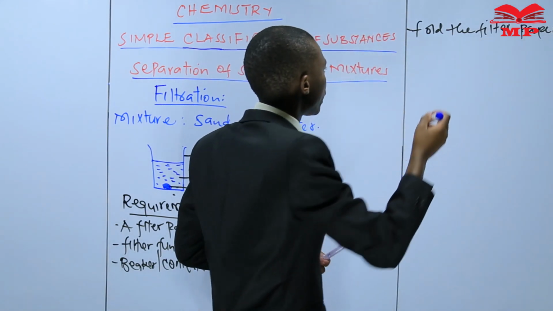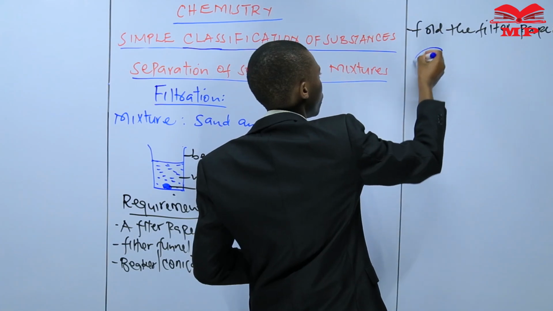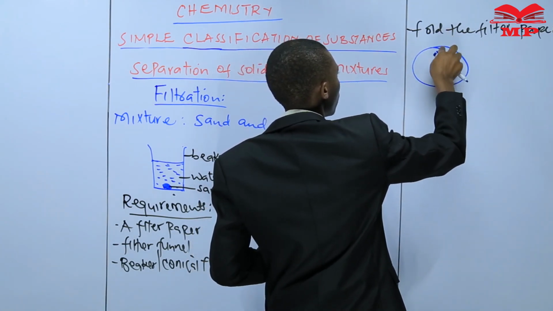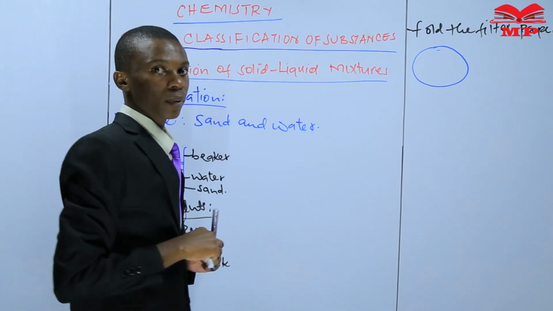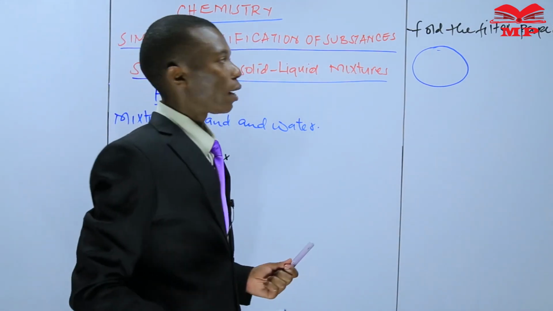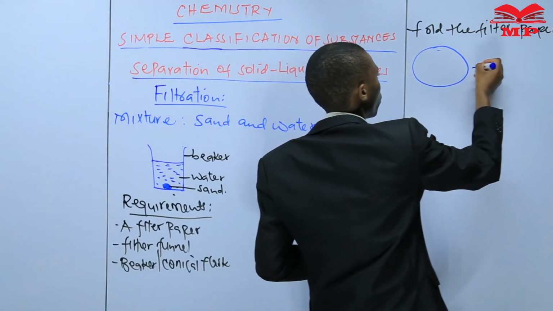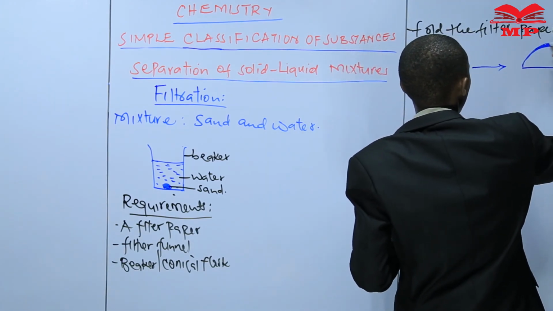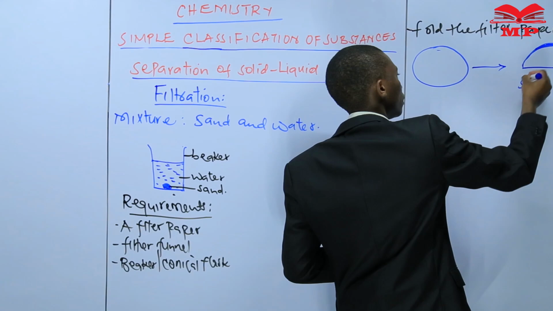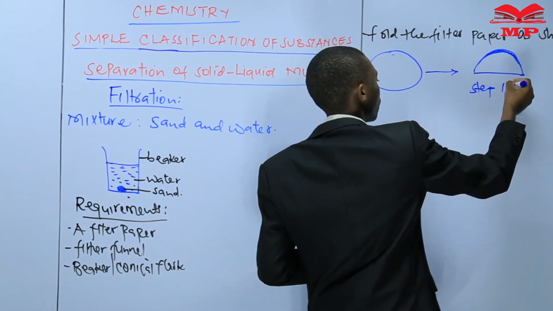The filter paper is round in shape. That is the shape of the filter paper. Therefore, in step number 1, you are supposed to fold it like this. You are supposed to obtain that. That is step 1.